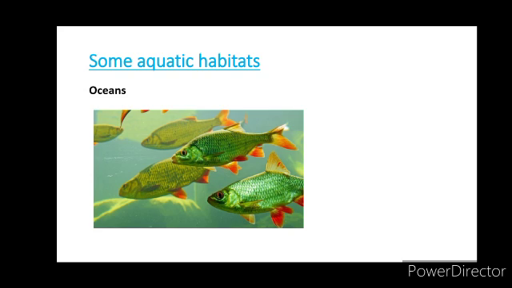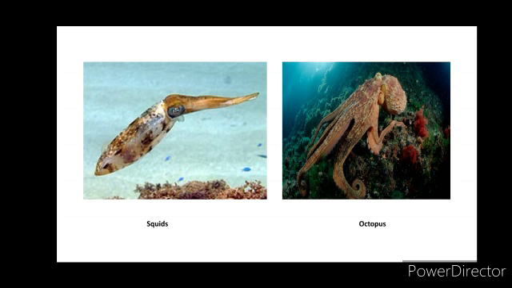We already discussed how fish are adapted to live in the sea, and many other sea animals have streamlined bodies to help them to move easily in water, right? There are some other sea animals like squids and octopus, which do not have this streamlined shape.